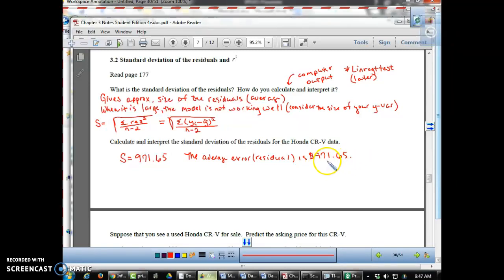So on average it was off almost $1,000, which is not terrible, but I would say it's somewhat large for this particular application. Okay, let's go to the next page.